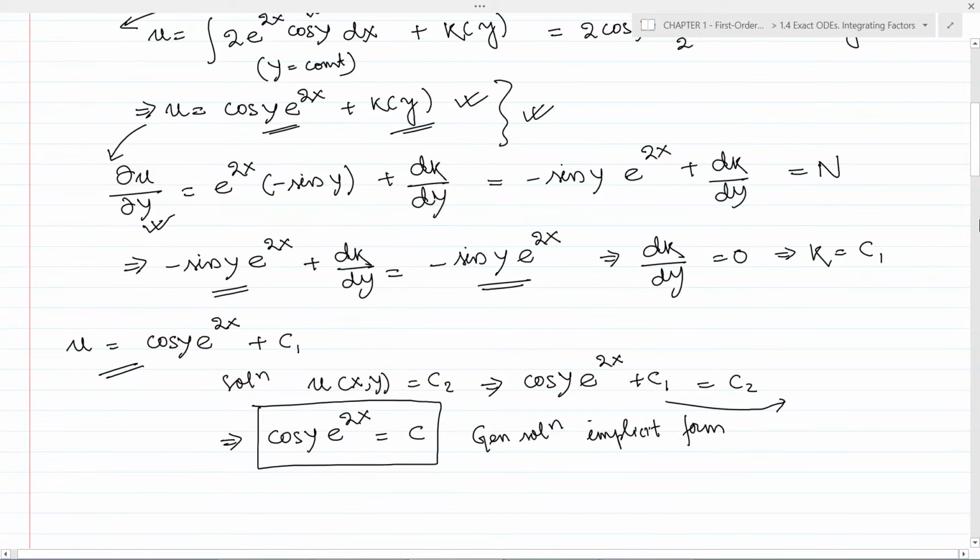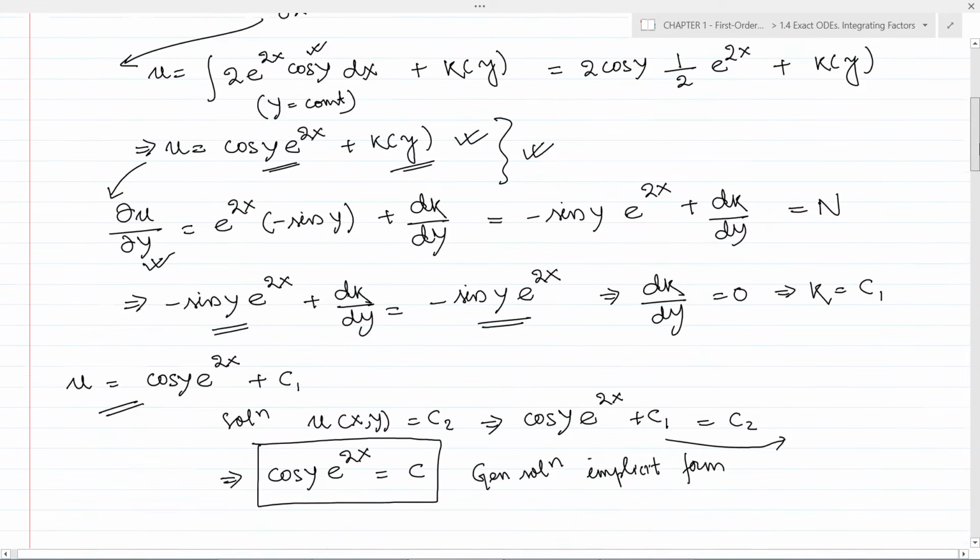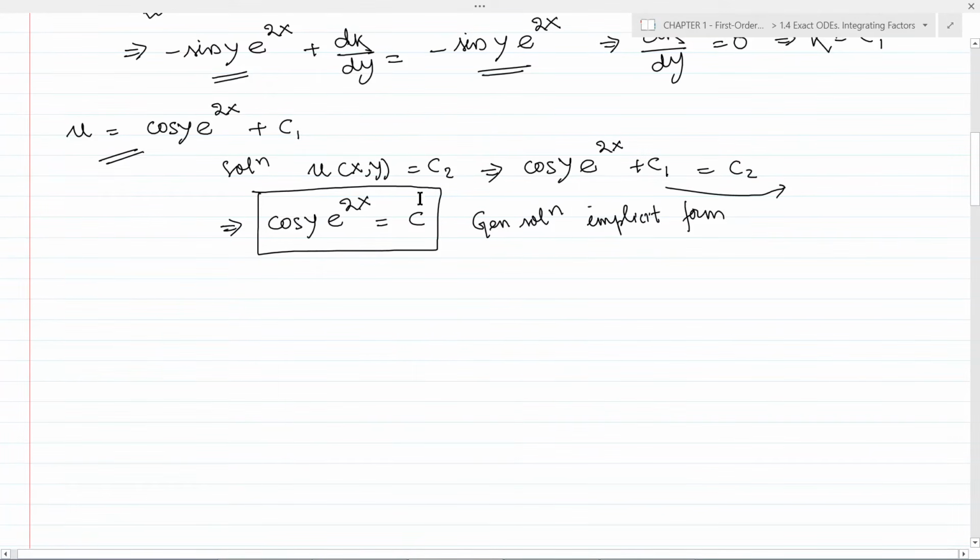Now, we have been given the initial value condition, that is y of 0 equal to 0. We can substitute that initial value condition in this general solution to find the value of c. So, we have the initial value condition y of 0 equal to 0.